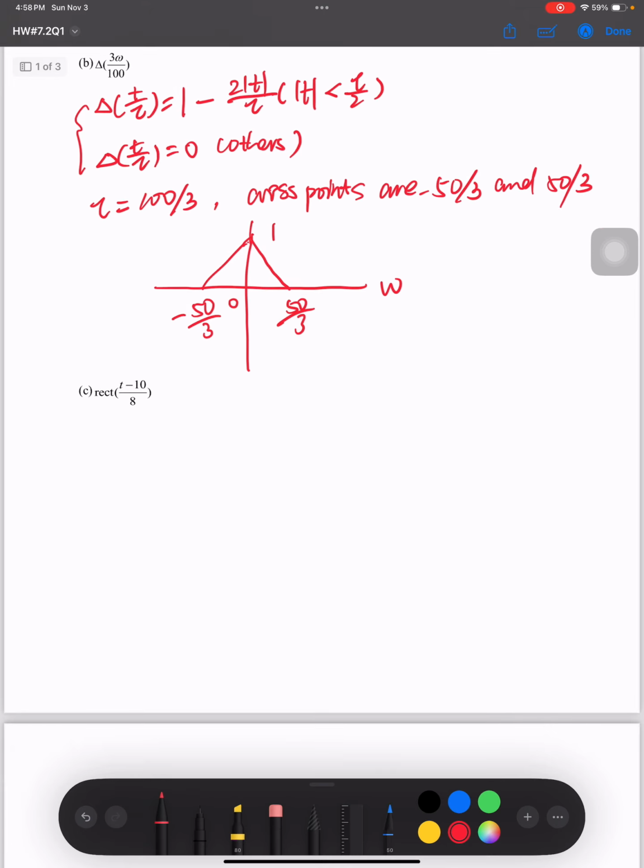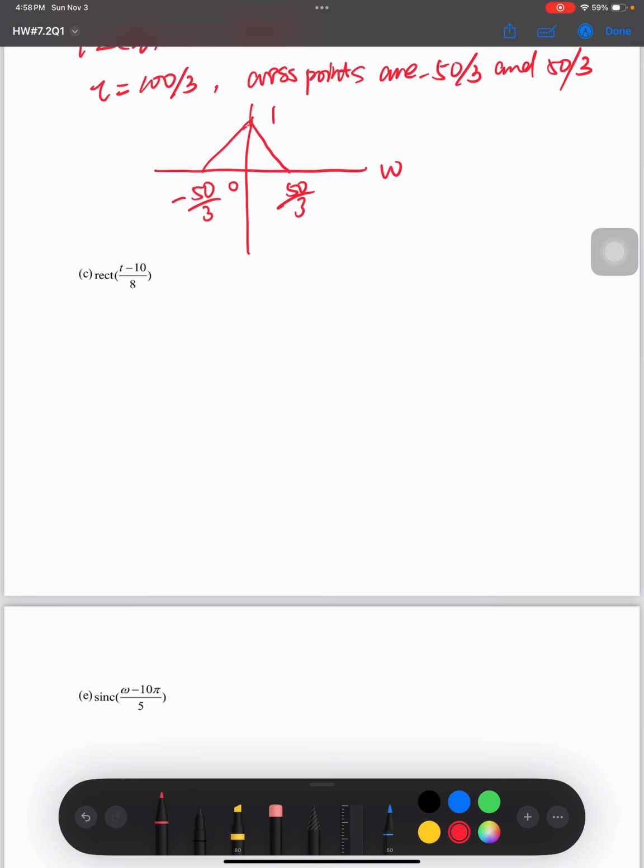And for the next question, it's a rectangular function.